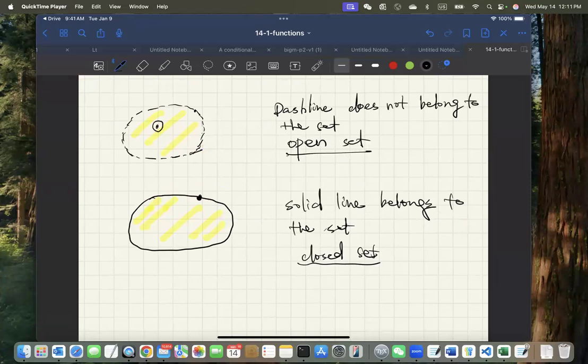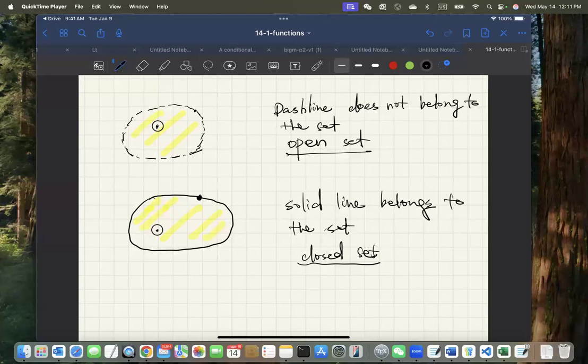You can decide the size of the disk, but it's a disk which entirely belongs to your backyard. This is also an interior point for the second set because you can always draw a circle, maybe very small, but it doesn't matter. As long as there exists a disk covering the point, and the disk itself belongs to your backyard.